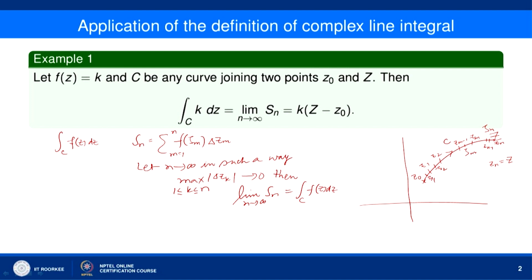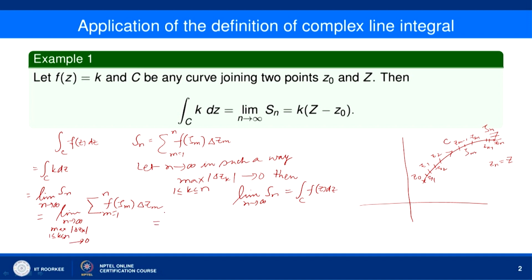So, here we are given f(z) equal to k. So, the integral over C of k dz will be equal to the limit as n tends to infinity of S n, which is equal to the limit of the sum from m equal to 1 to n of f(zeta m) delta z m, where the maximum of the mod of delta z k goes to 0.